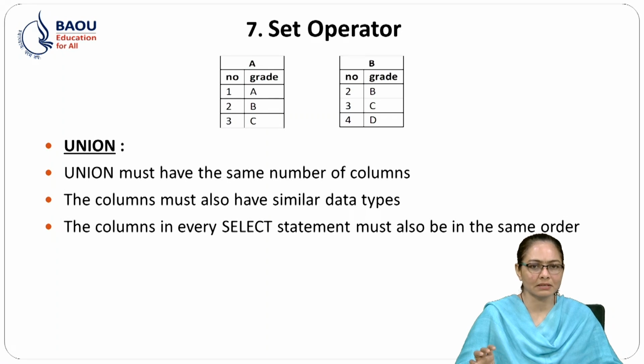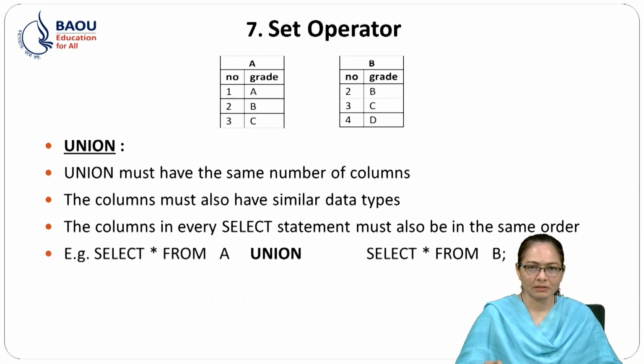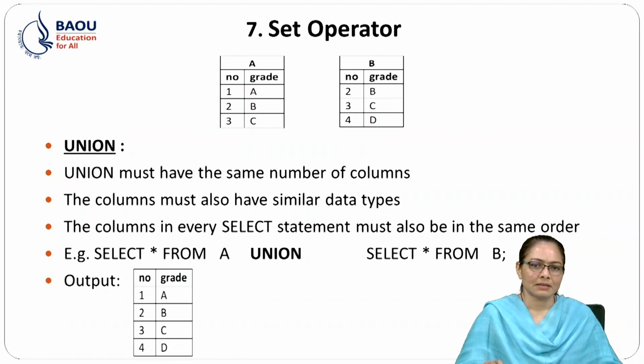The columns in every select statement must also be in the same order. For example, select * from A union select * from B. So the output of this query will display the combined data of both tables, but it will not repeat. So it is called the union.